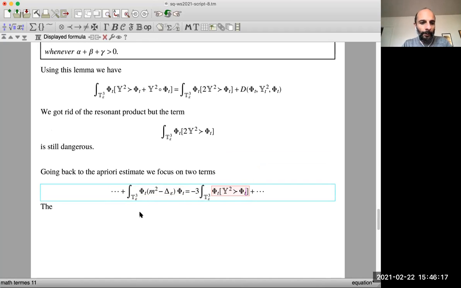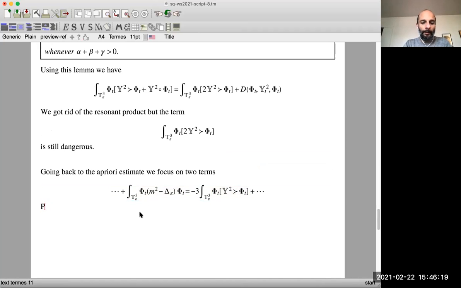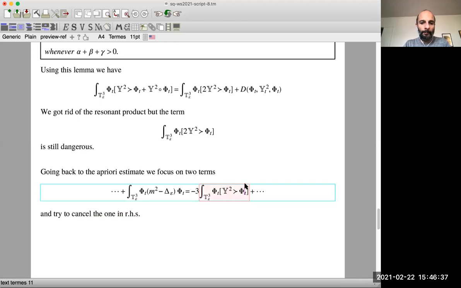But you can look at them together, putting them together. So I cannot control this term. This term is out of control with the estimate provided by that. So I can try to cancel it using the term in the right-hand side, using that in the left-hand side.